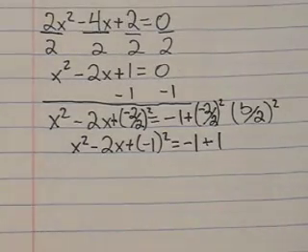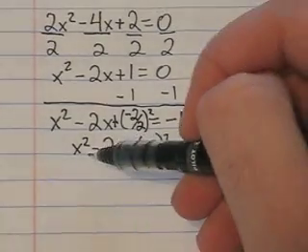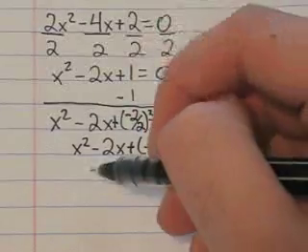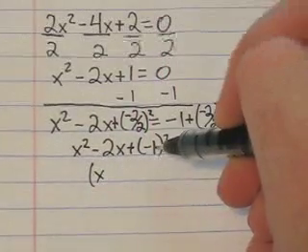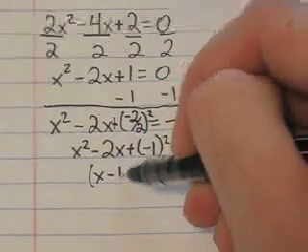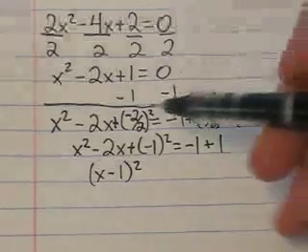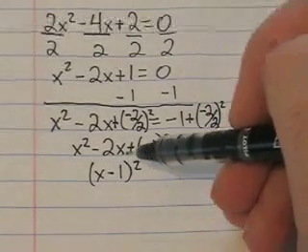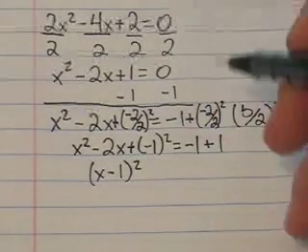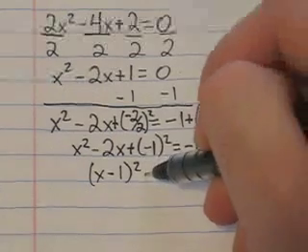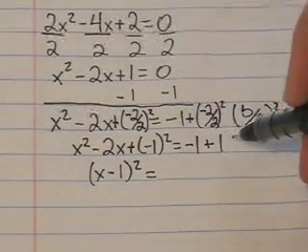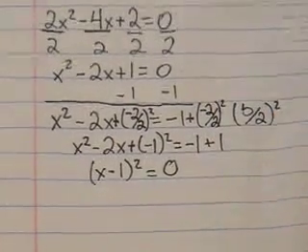So what we're going to do now is make a binomial on the left side by taking this x and whatever's in the parentheses, negative 1, and squaring it. Now if you were to FOIL this out, you would get negative 2x as your x values. Now over here we know that negative 1 plus 1 is equal to 0.